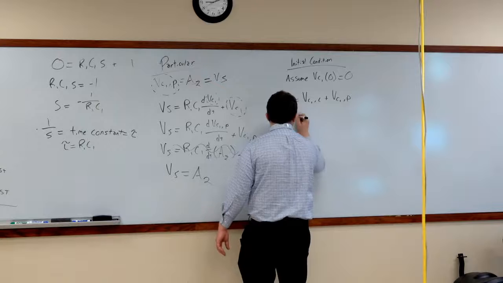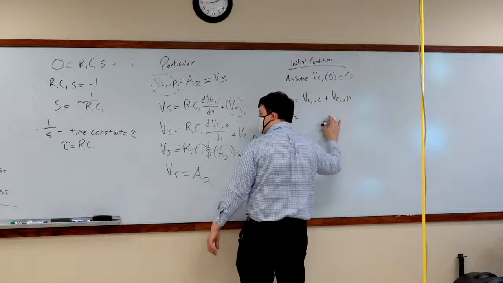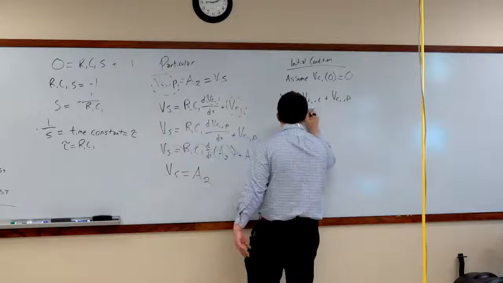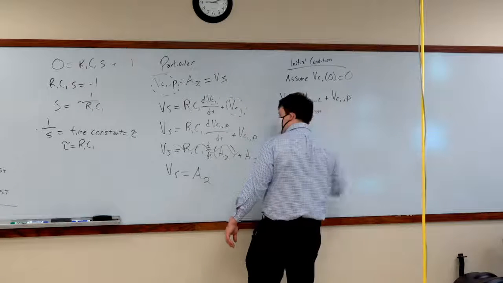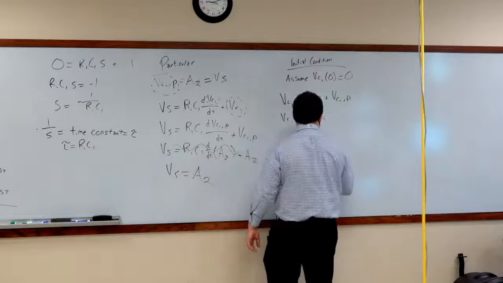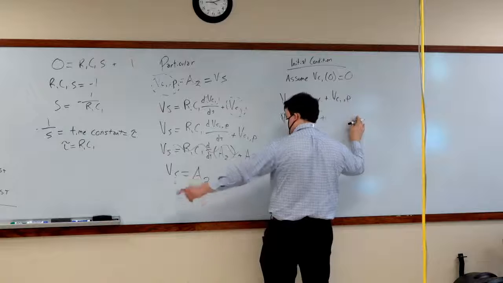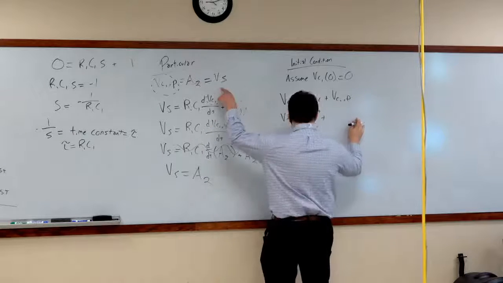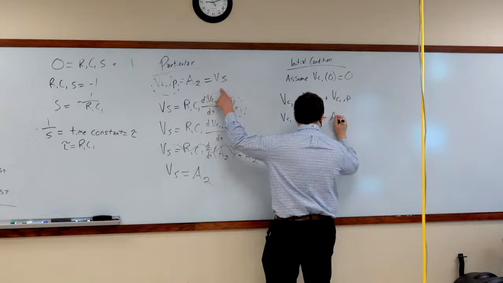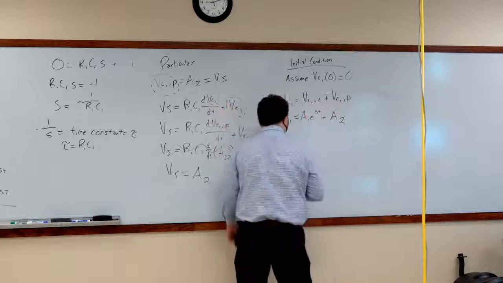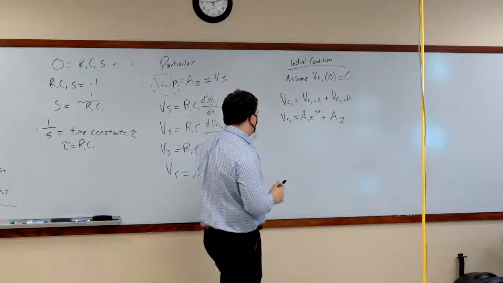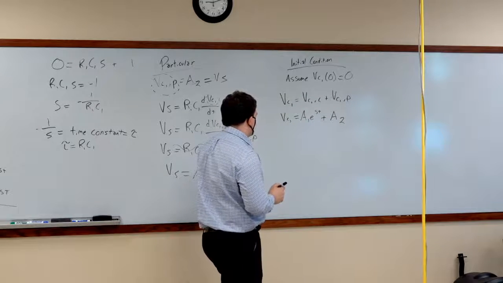Vc1 is equal to the complementary solution we wrote out as A1 e to the st, plus the particular solution we wrote out as A2, which we know is Vs. We know what s is because it is our time variable.